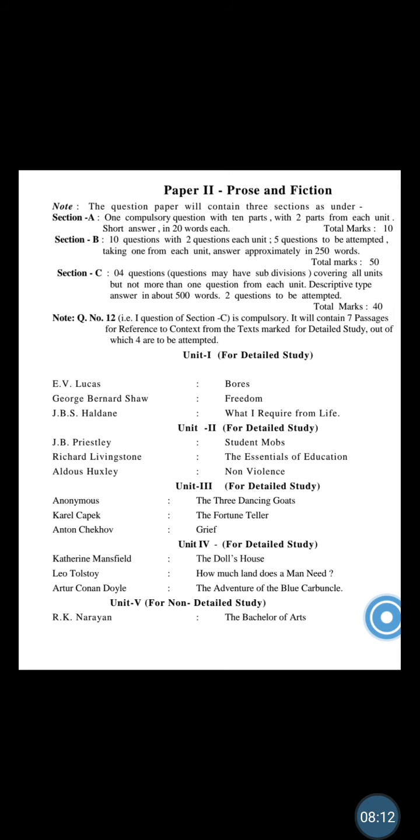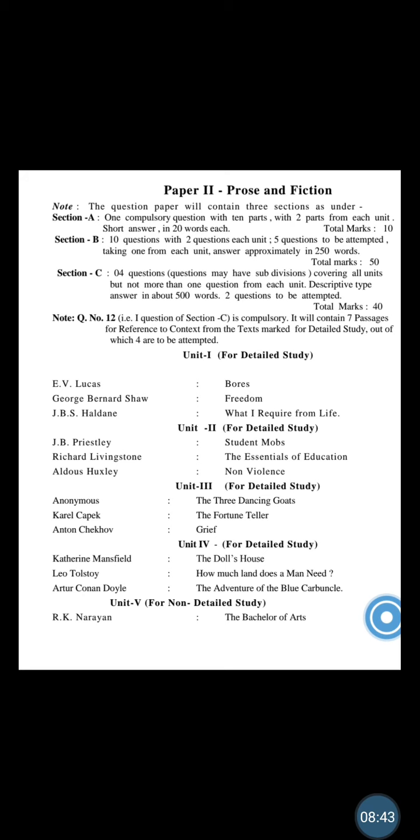Now coming to paper second. The second paper is of prose and fiction. Prose means you will have essays and a few stories, and fiction means you will be having a novel. Now prose, all the essays which are there in your paper, these are again the essays written by the main essayists of the two ages, the Elizabethan age and the neoclassical age.